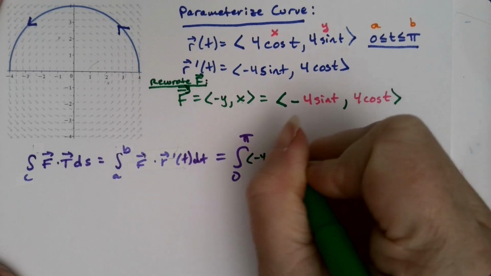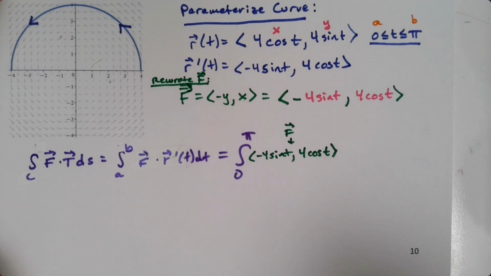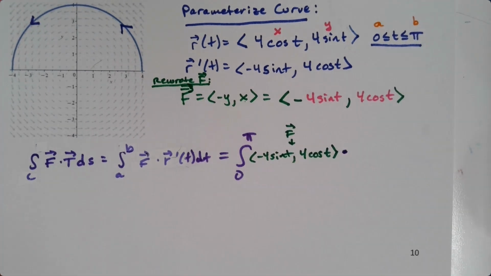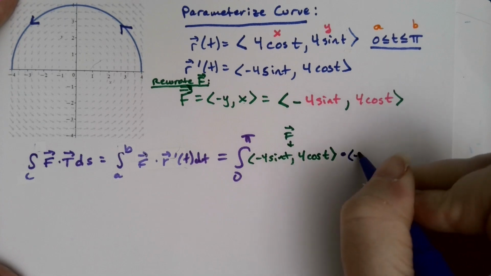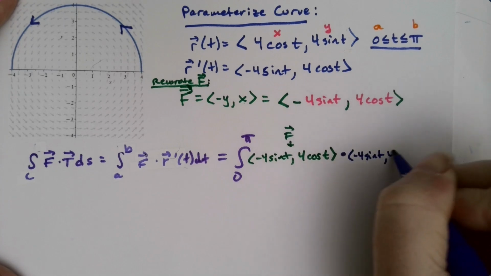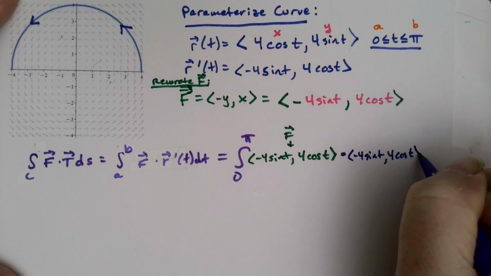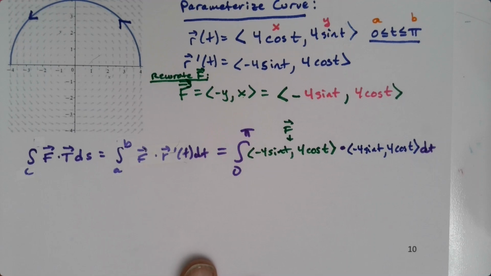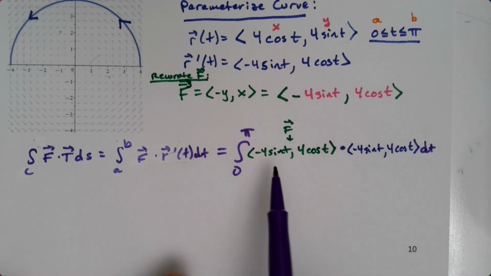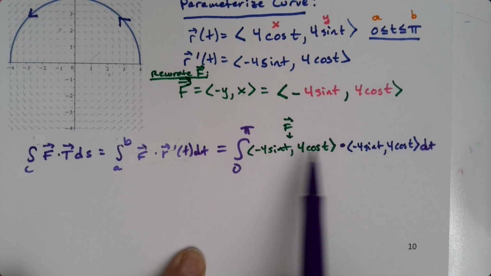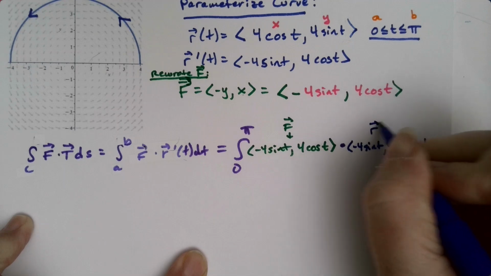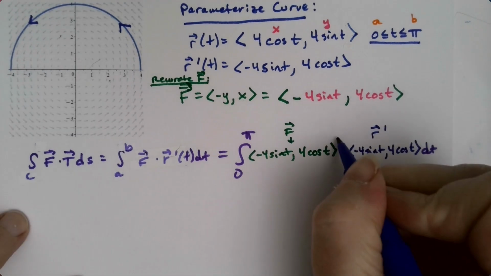That's now f, right? And then we're going to dot product it with our r prime, which we wrote right here: negative 4 sine t, 4 cosine t, dt. Okay, so taking these two and multiplying them. Oh, and this is r prime right there. And we're dot producting them.